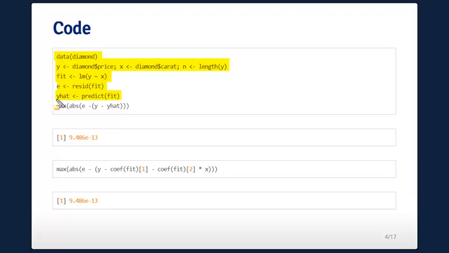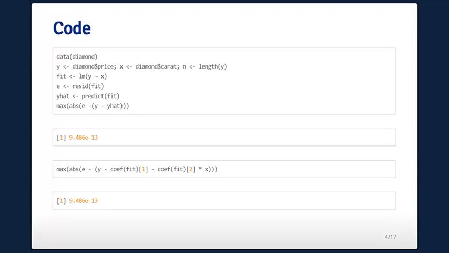And then just to show you that your residuals are exactly the difference between your observed and fitted values, let me take my residuals and subtract off the difference between the observed and the fitted values, and then I'll take the absolute value of those and look at the largest difference between my residuals, and you see that it's 10 to the minus 13. It's only at numerical precision, so suggesting that those are exactly the same.